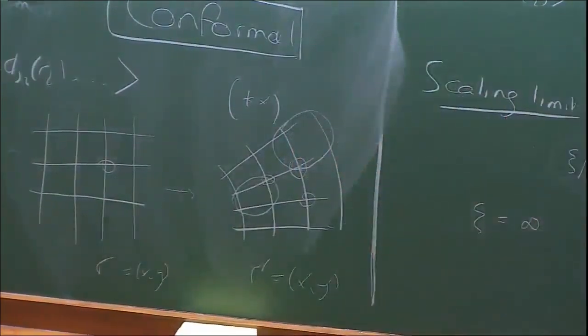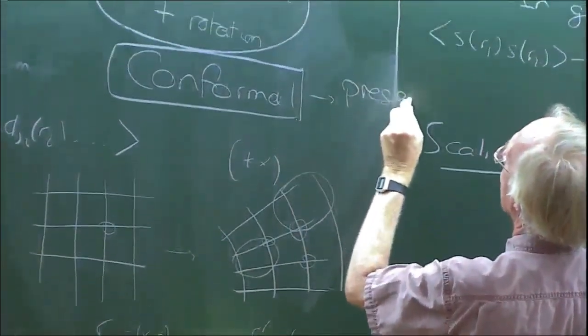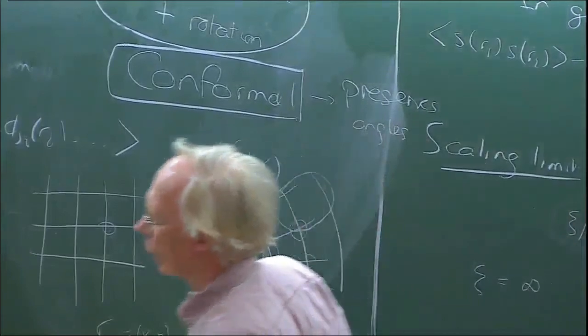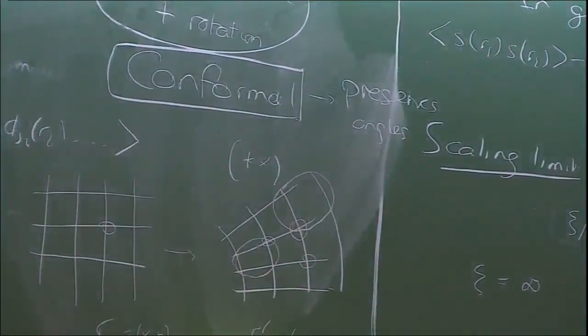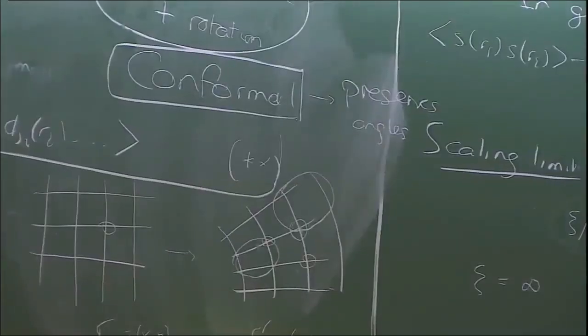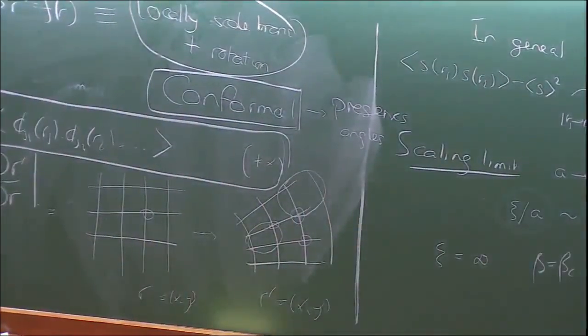All these angles remain square. So a conformal mapping also preserves angles. So you can think of the set of conformal transformations as those that locally preserve angles. So this equation here is going to be the generalization of the one we wrote over there to conformal transformations. So I've only motivated this heuristically.